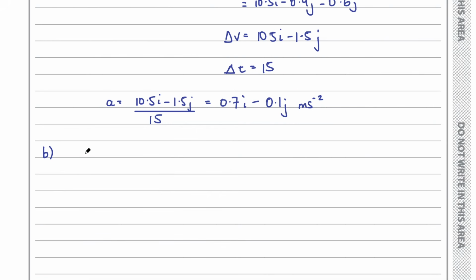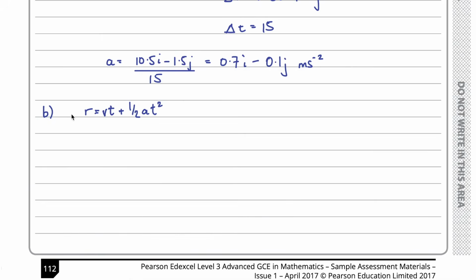The position, or r in this case, is equal to vt plus half at squared, sometimes referred to as position or displacement, and this is usually v0, so the original velocity times time.